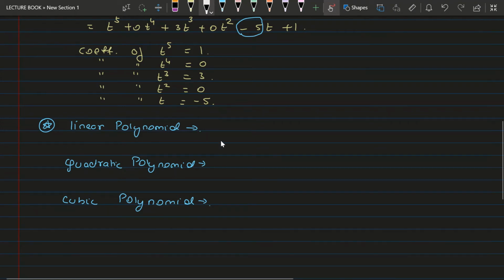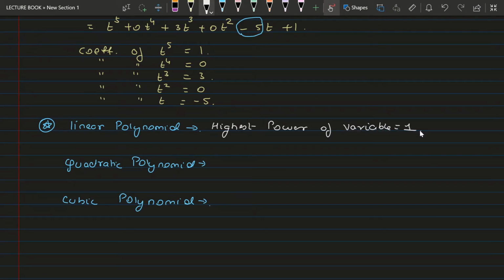Linear polynomial means that the highest power of variable is 1.